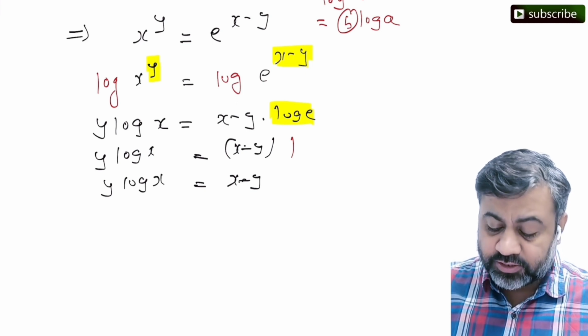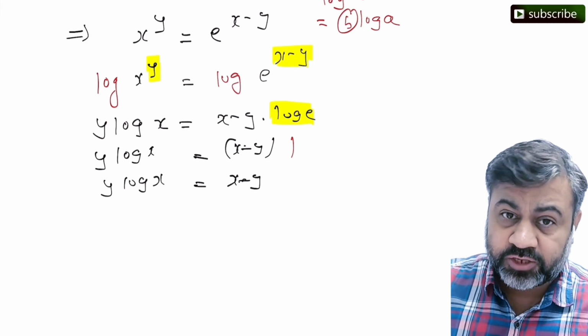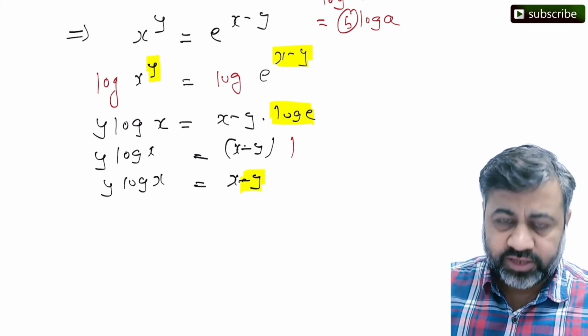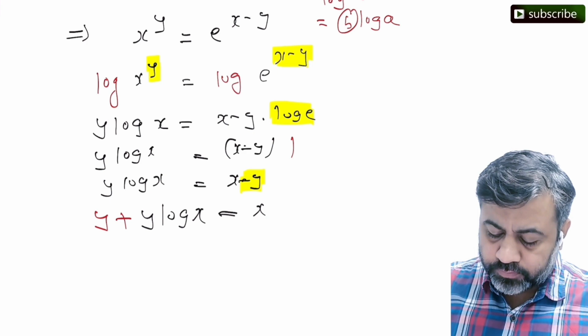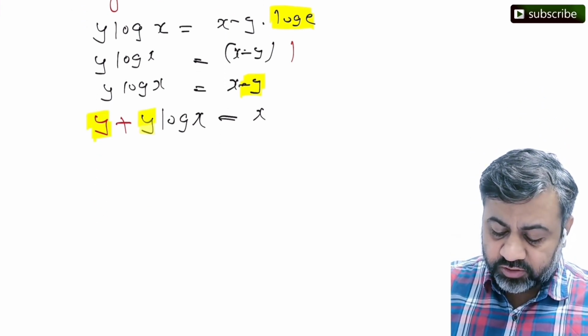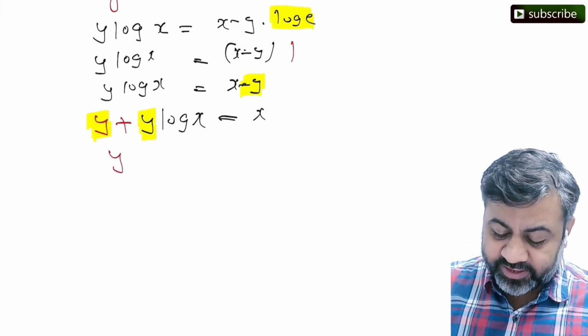Now as I discussed, I want to convert this implicit function to explicit function. So what I'll do here is, I'll just take this minus y to the other side. So I get y plus y times log x equal to x. If you observe, can we take this y common? If I take this y common, what exactly do I get in the bracket?